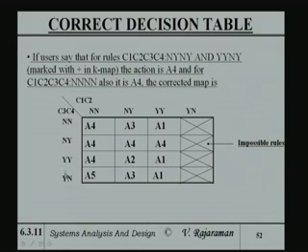C3 is constant at Y, and C4 is Y and N, so C4 gets eliminated. So, A1 will be C1 C3, that is one.